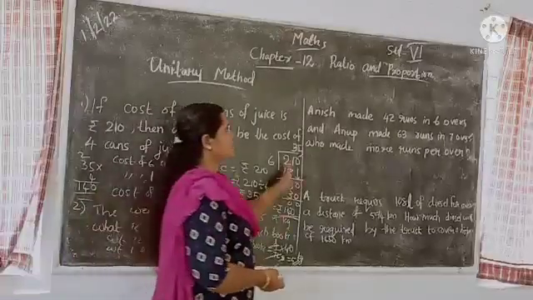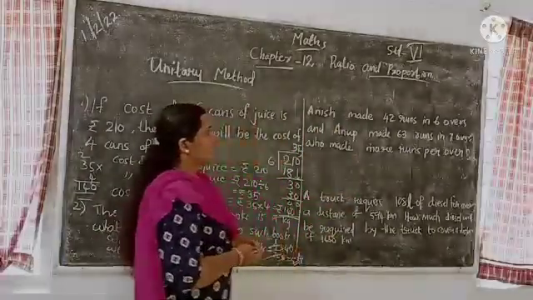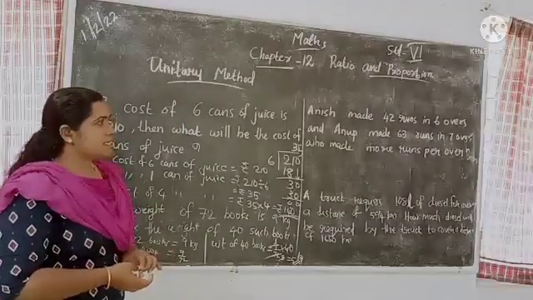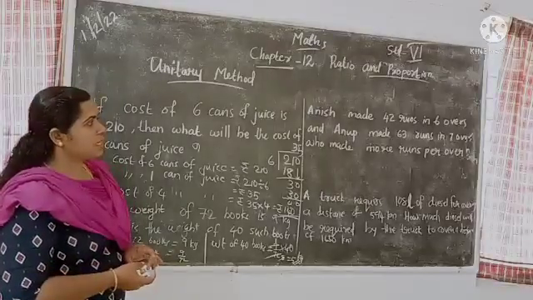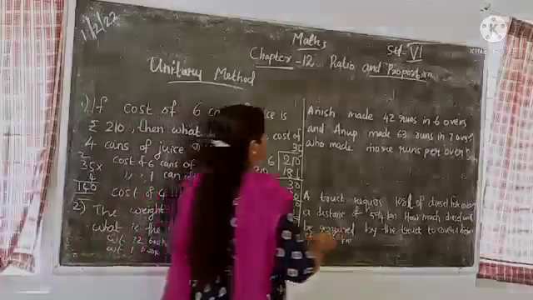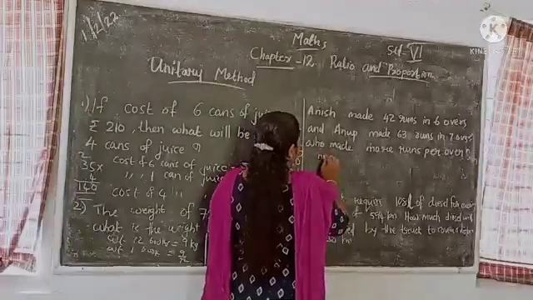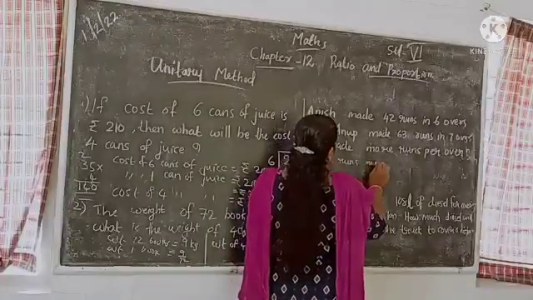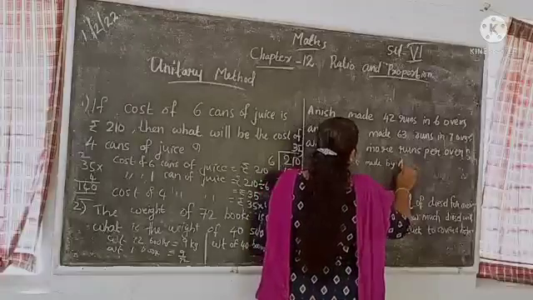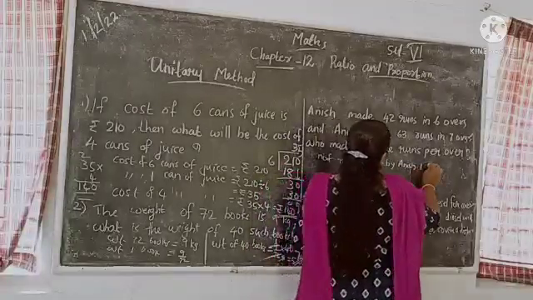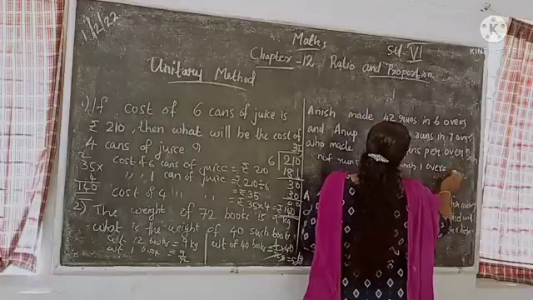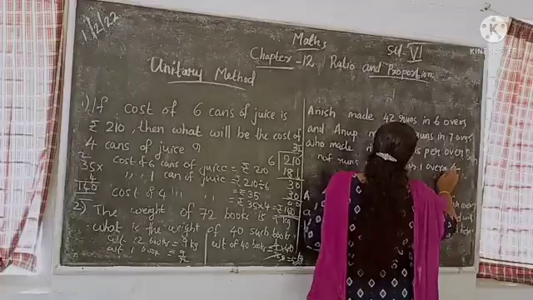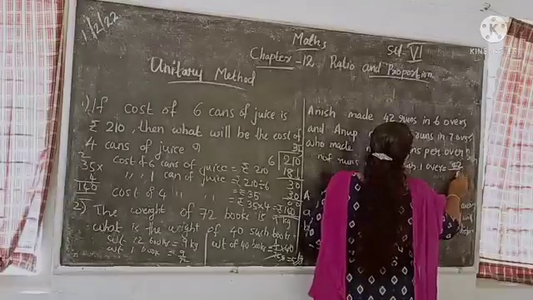Now another question. Anish made 42 runs in 6 hours and Anup made 63 runs in 7 hours. Who made more runs per hour? Number of runs made by Anish in 1 hour is equal to 42 by 6.